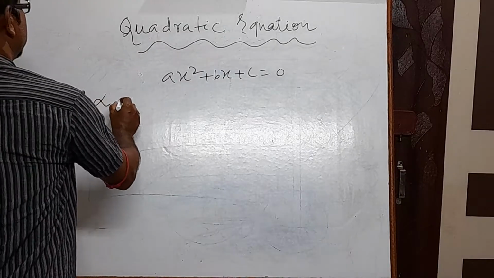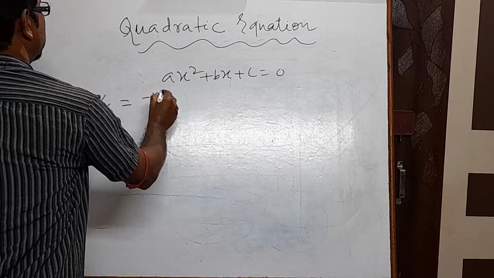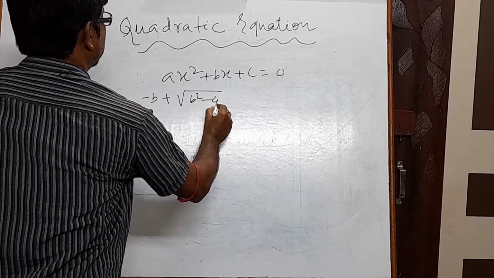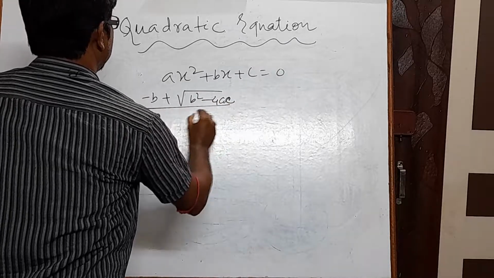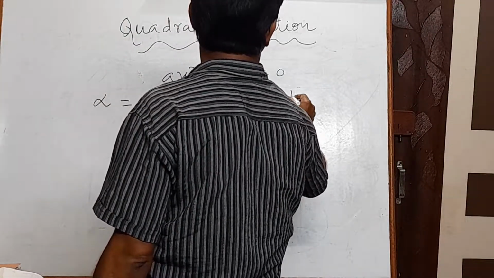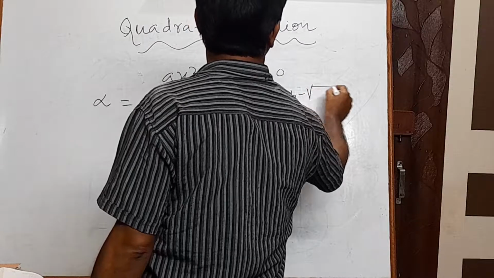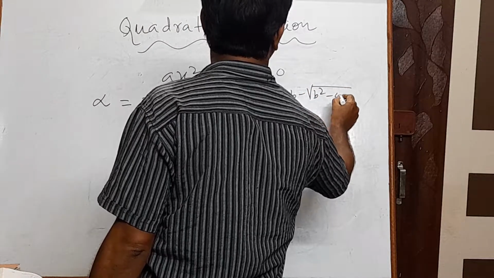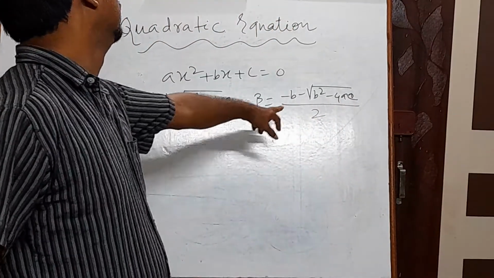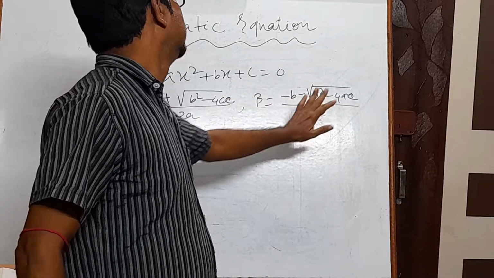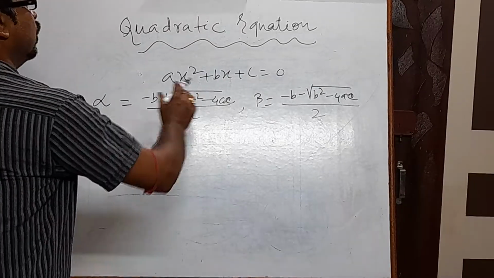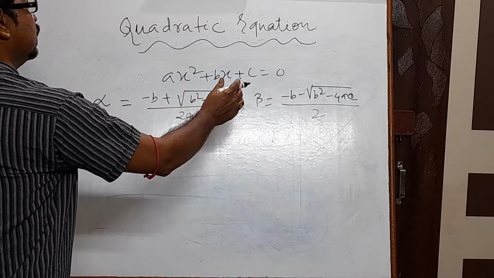The first root was minus b plus under root b square minus 4ac by 2a, and the second root was minus b minus under root b square minus 4ac by 2a. In the last class, in place of b square minus 4ac I have also written D. D means discriminant. Okay, so alpha is equal to this one, beta is equal to this one.